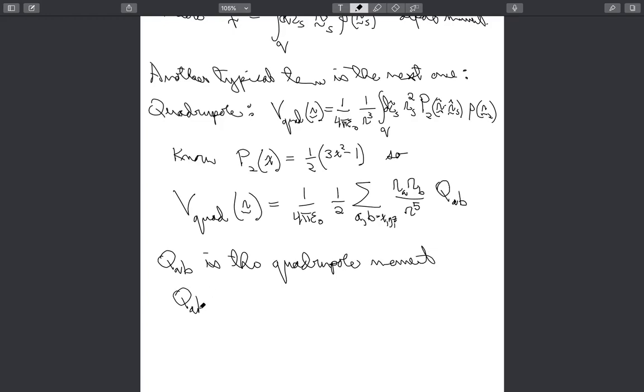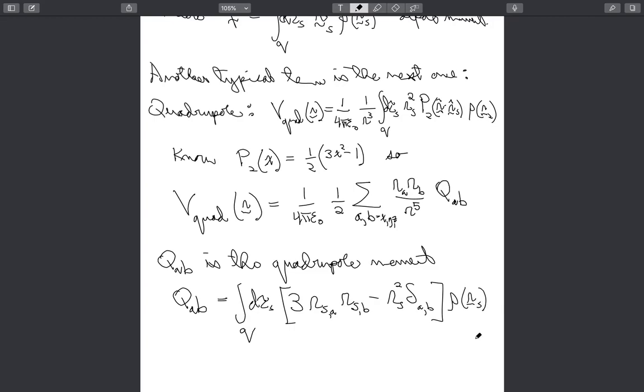Q_ab is equal to the integral over V of your source charges of 3 r source component a, r source component b, minus the length squared with Kronecker delta of a and b. Okay, all of this times your charge density at the source, rho source.